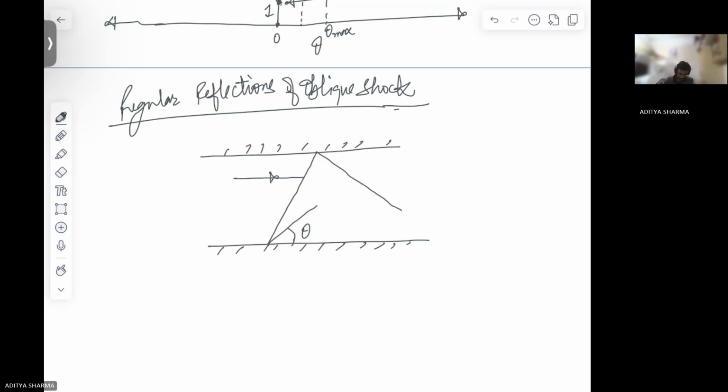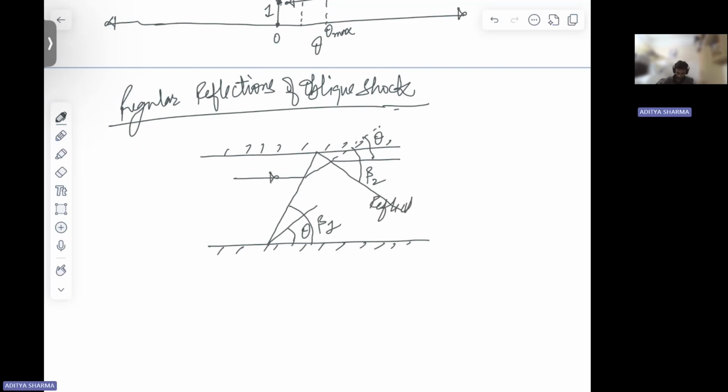This direction and then this direction. This is theta, this is theta. And this is your beta 2, and this one is your beta 1.